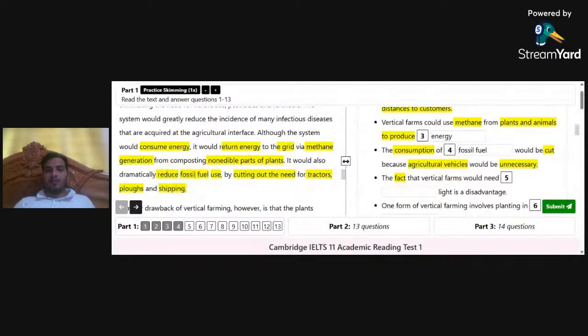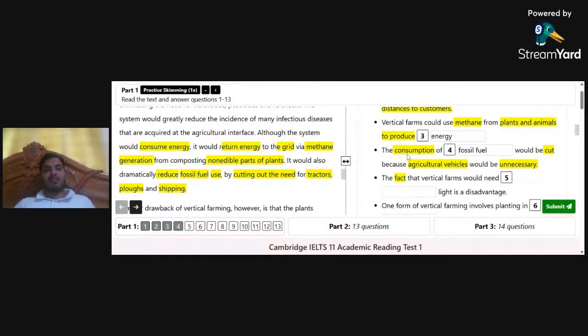So by understanding the paraphrasing used in your reading test, you can develop this skill to paraphrase the questions, develop your vocabulary, your grammatical range and range of lexical resource by memorizing these vocabulary resources present in your reading test.